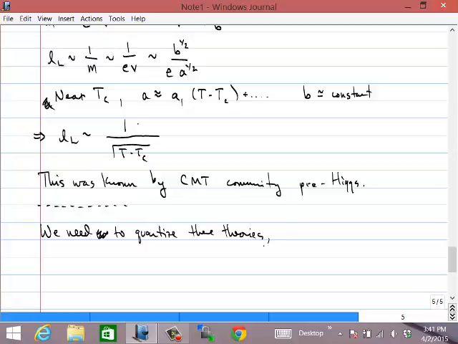And the important distinction is that when we quantize, we're going to need to expand around the vacuum with some sort of broken gauge symmetry.